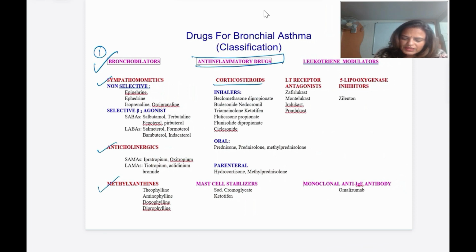Now how do the corticosteroids act, or what is their mechanism of action? They are not bronchodilators, but they are the mainstay of treatment in most asthmatic patients.